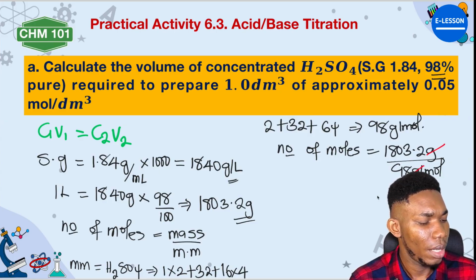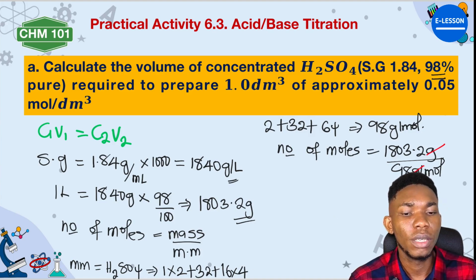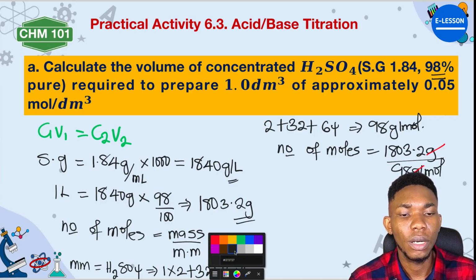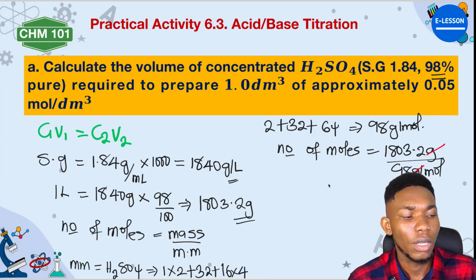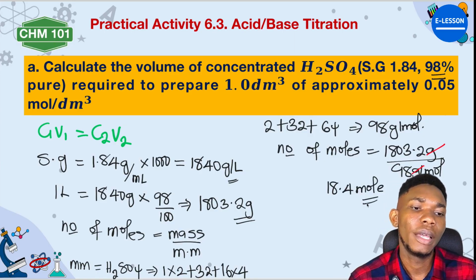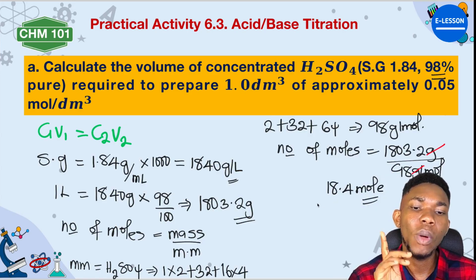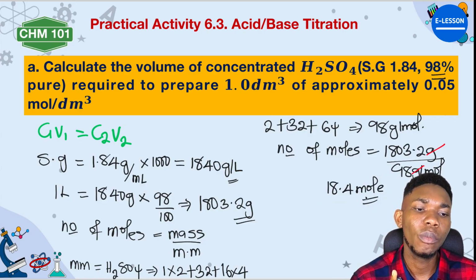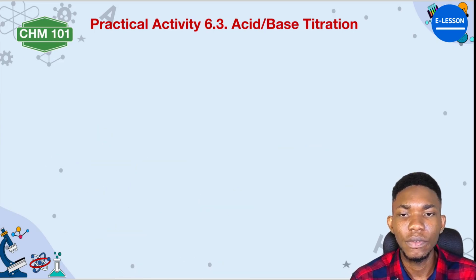So we have 1803.2 divided by 98, which will give us 18.4 mole. Are you getting it now? But because it is in 1 liter, this 18.4 mole is also equal to the concentration.